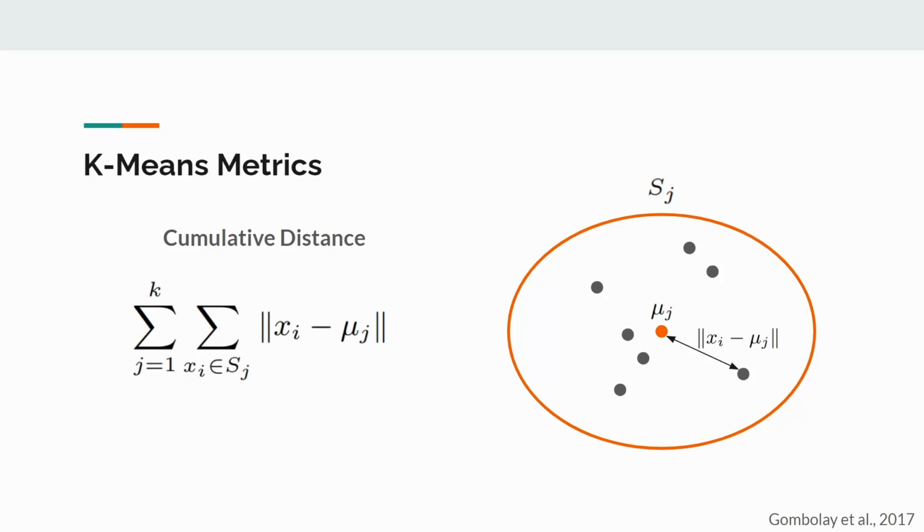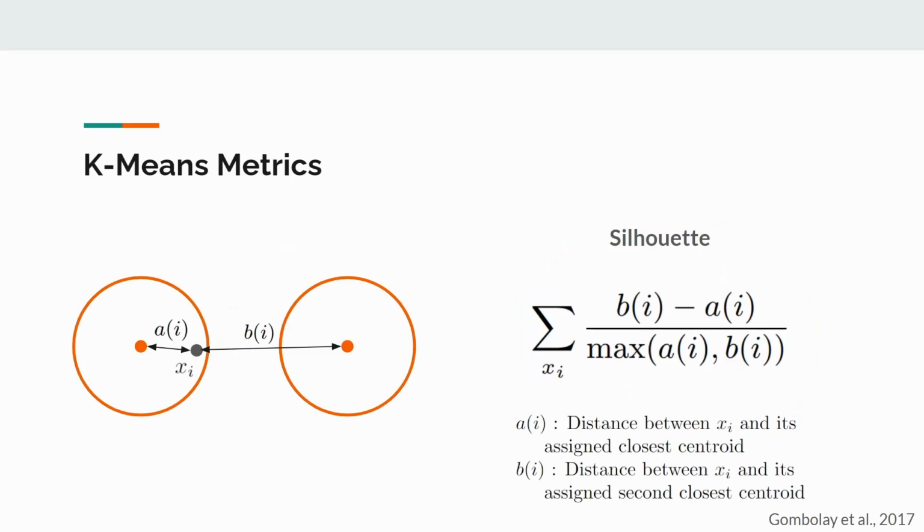It's the term used to calculate intra-cluster distance to the cluster's centroid. This is a measure of the overall tightness of the cluster, where tighter clusters yield smaller cumulative distances. On the screen, the arrow between mu, the centroid, and a given data point xi is shown.